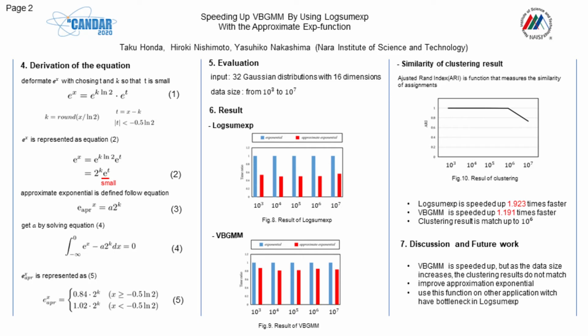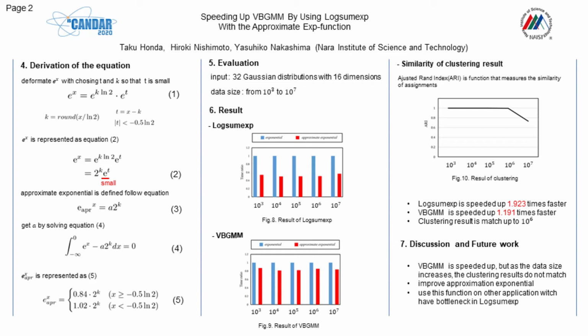Next, section 4, I will explain about what is approximate exponential. Look at the equations. First, we transform exponentials using variable k and t as equation 1. We choose k and t so that t is small, and then exponential is represented as equation 2.